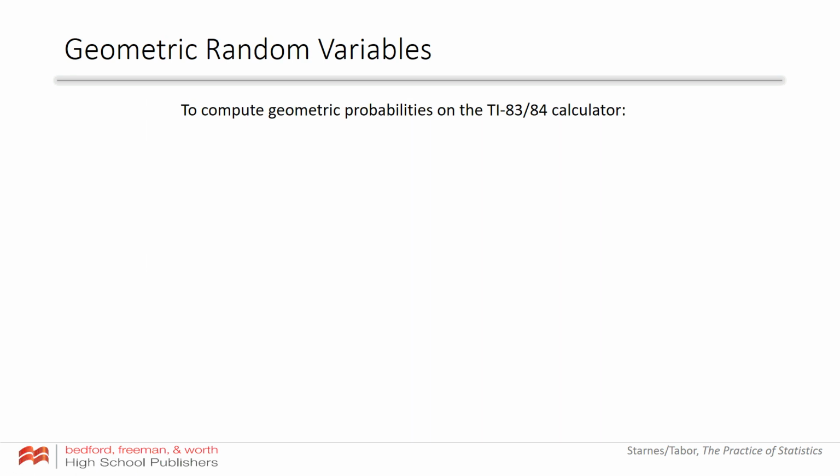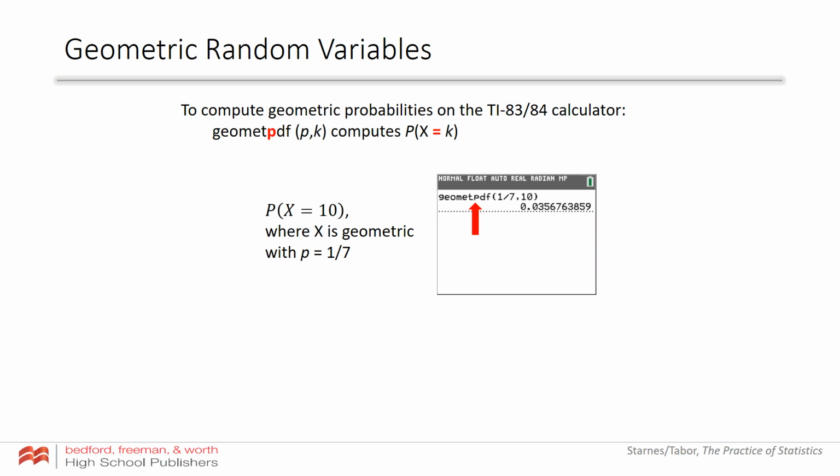So speaking of, here's how you use the calculator. Kind of like with normal distributions and with binomial distributions, we're going to talk about geometric PDF and geometric CDF. So if we want the probability that x equals 10, we're going to point, so geometric PDF points to a specific value.